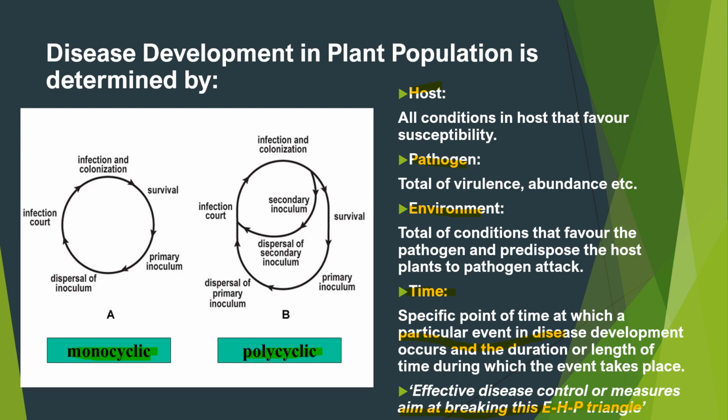What do we mean by this? Monocyclic diseases are caused at one time point during the life cycle of a plant. And how are they characterized? Primary inoculum reaches the host, then dispersal of inoculum takes place, then the infection cycle begins, and the inoculum of the pathogen infects the plant, causes infection and colonization, and survives there.